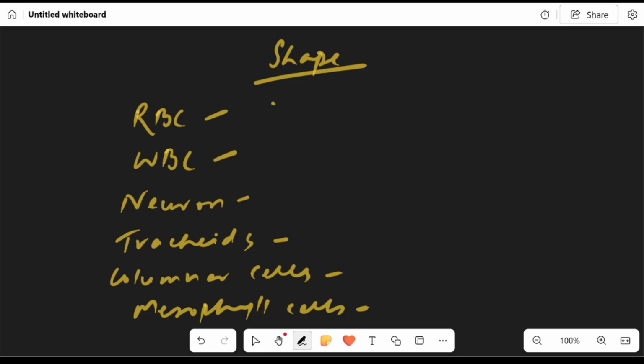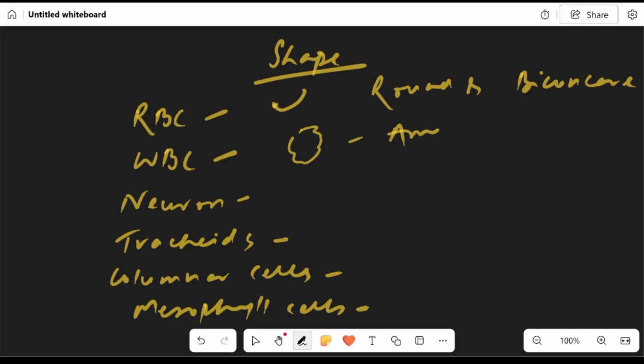So RBC, round and biconcave. WBC, irregular shape or amoeboid shape.